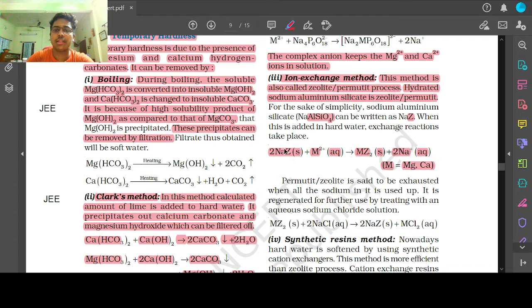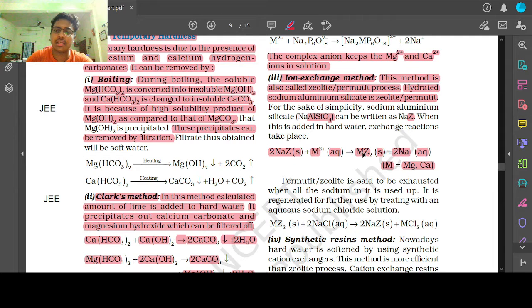See, this calcium and magnesium are replacing the sodium ion. Sodium is exchanged, and calcium and magnesium take its place. So it is known as an exchange reaction.